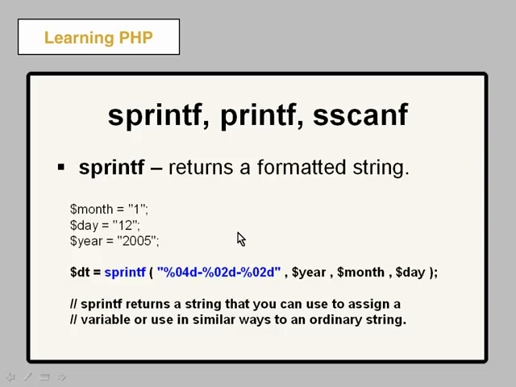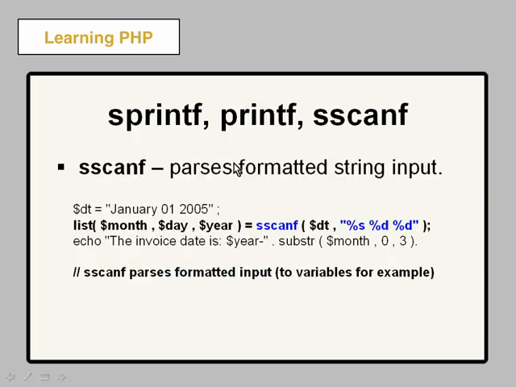We have more control. And then we have sscanf, 2 S's in front there. This is going to format things, and you can see that this is taking a string. So we take in a variable that we set here, and then we have our space separated list of different types here, the formats that we want to use, and it's going to format this string here and pass it into this list of variables here.